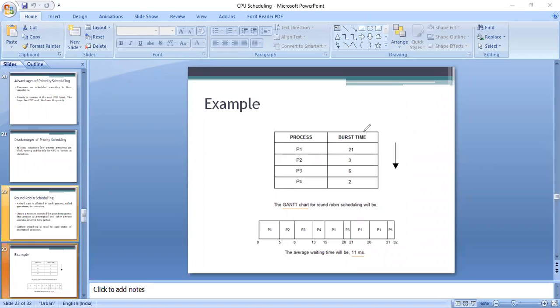So here we have set the quantum time. Suppose it's 5. So the quantum time we have decided is 5, that is pre-assumed.